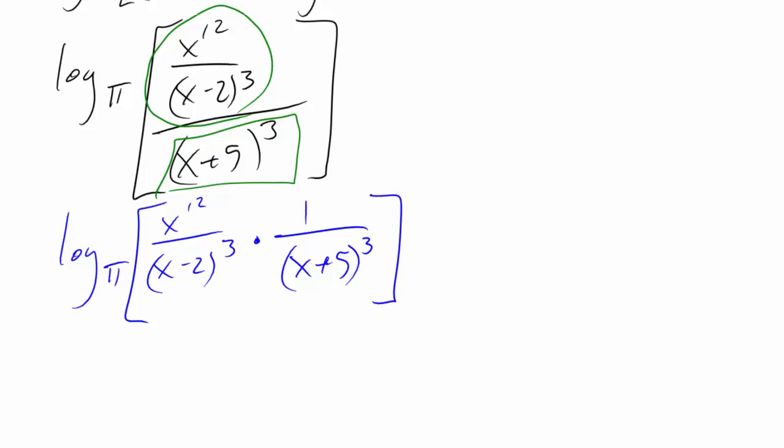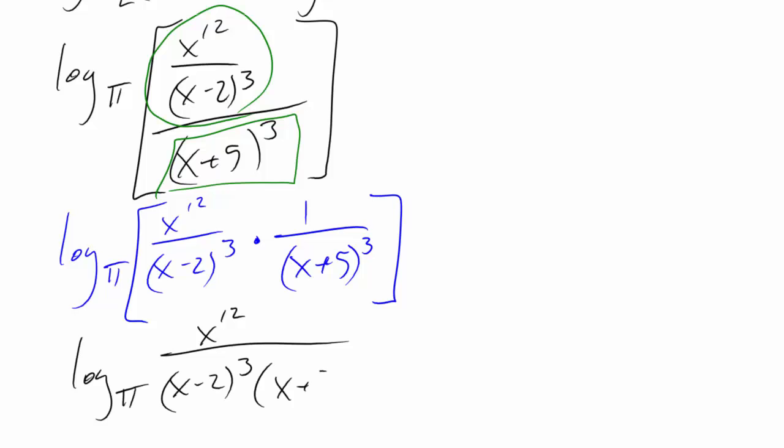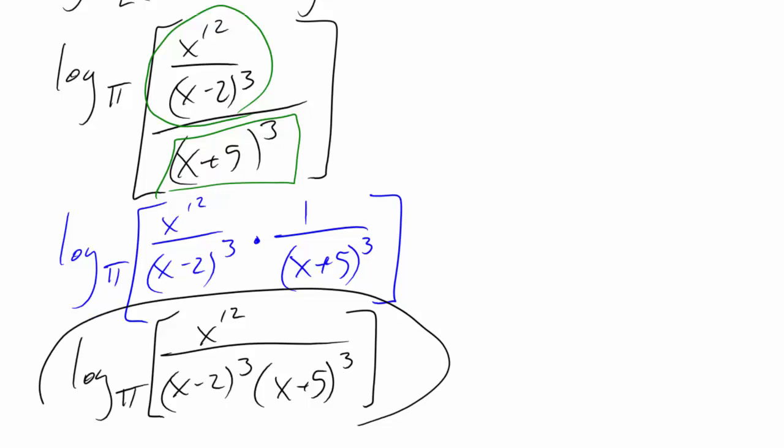Then we can put that all together through multiplication to leave us with a log base pi of x to the 12th over (x minus 2) to the third times (x plus 5) to the third. And that is our single logarithm. So that is our final answer.